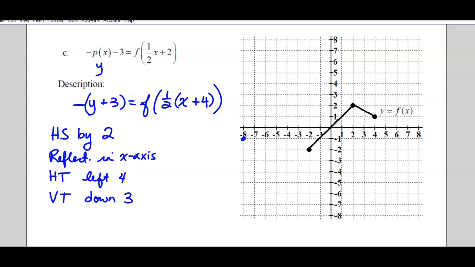Next important point. X value is 2, stretched by 2 is 4. Reflection in the x-axis, well the y value there is 2, so now that's going to be -2. Then we're going to go left 4 and down 3.